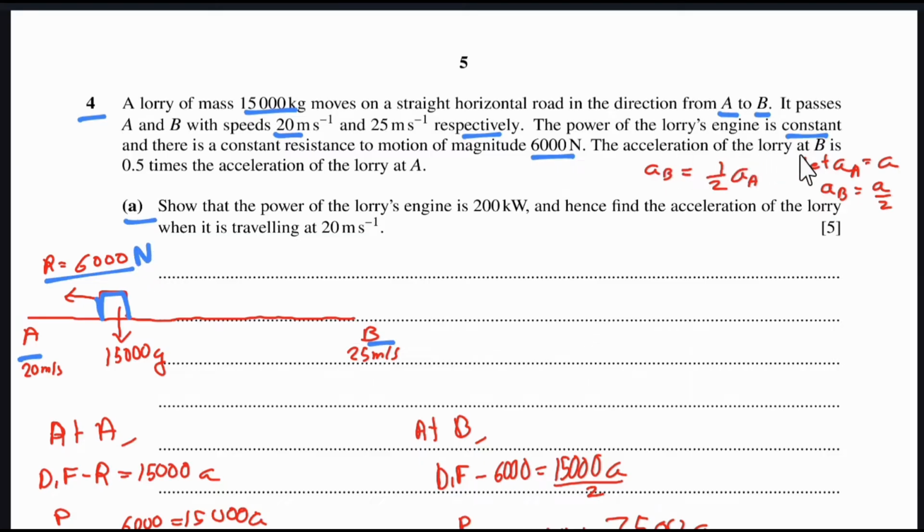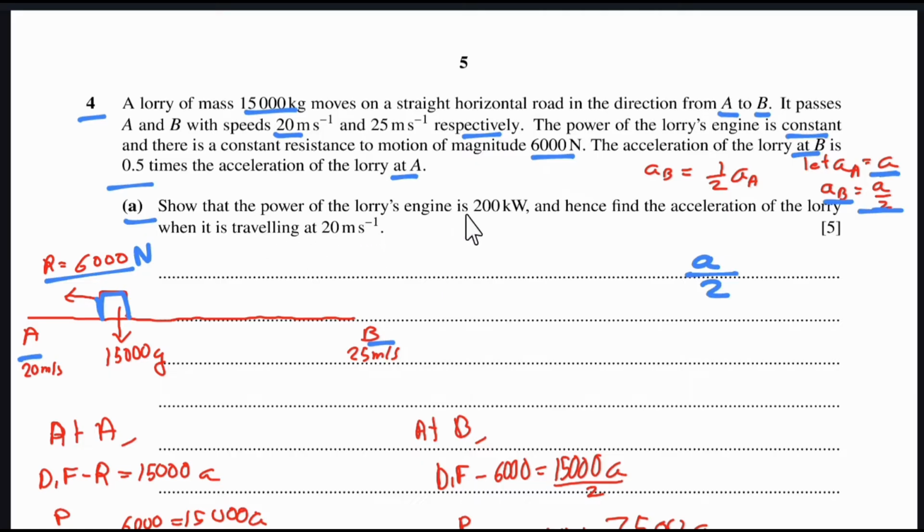The acceleration of the lorry at B is 0.5 times the acceleration of the lorry at A. That means if the acceleration of the lorry at A is a, then the acceleration of the lorry at B would be 0.5 times that value, that means 0.5a or a by 2. So this is the acceleration at point B, and at A the acceleration is a.